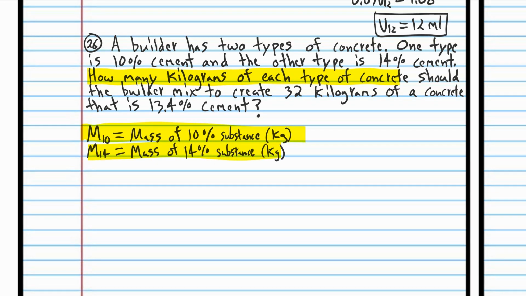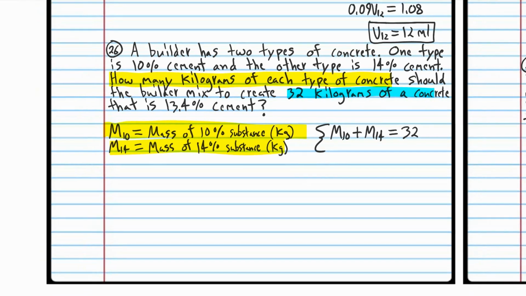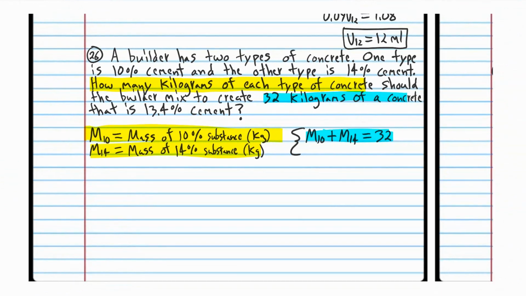So now let's look for an easy equation. He wants to create 32 kilograms of a concrete. So that means the mass of the 10% concrete and the mass of the 14% concrete adds up to 32 kilograms. So again, these problems may be intimidating, but that's no excuse for not at least writing these first parts that are really easy.